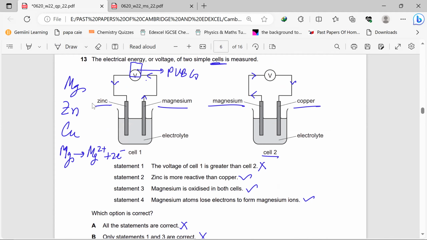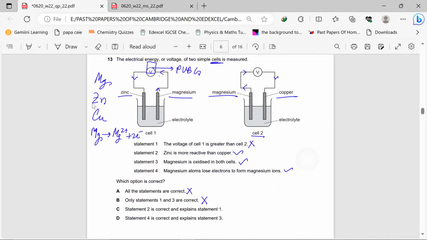Statement 2 is definitely correct and it explains why cell 2 has greater voltage, to some extent. Statement 4 is correct and explains statement 3. Statement 4 is correct: magnesium atoms lose electrons.